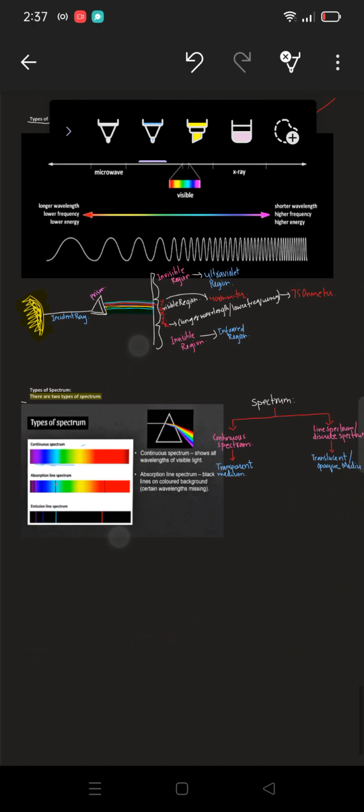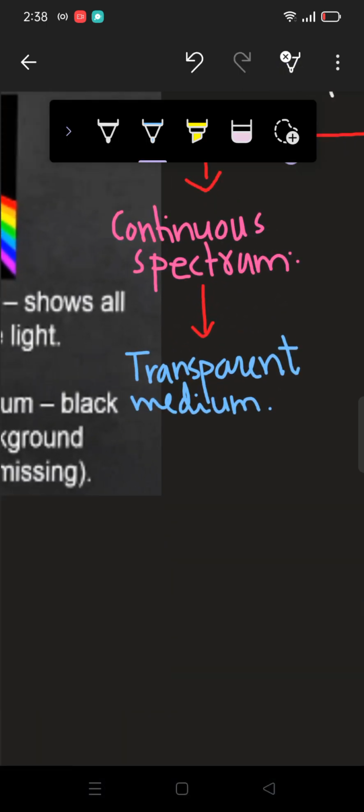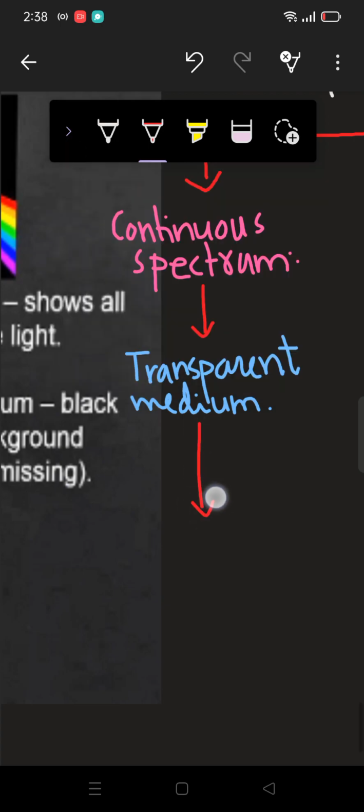If there are no clear cut boundaries between the colors and the colors are diffused with each other, that is known as continuous spectrum. So let me write here the definition of it.